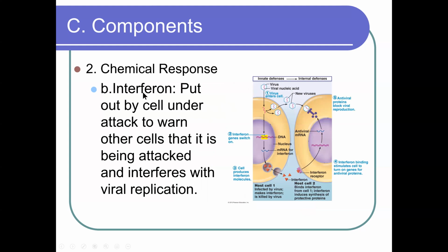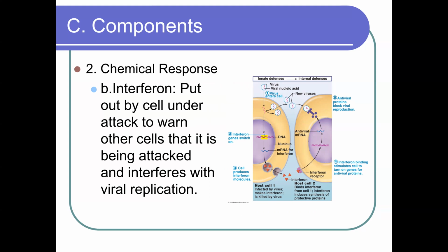We have interferon. Interferon's a unique chemical that's put out by cells under attack, usually under attack by viruses. It's put out by the cell that's under attack to warn other cells of a viral attack and to interfere with the viral replication.